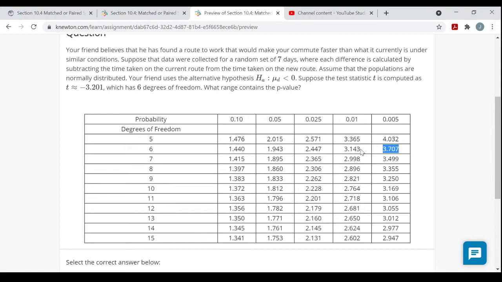Now the area to the right of 3.143 is 1%. The area to the right of 3.707 is 0.5%. So the area to the right of positive 3.201 would be between 0.5% and 1%. That means the area to the left of negative 3.201 would also be between 0.5% and 1%.